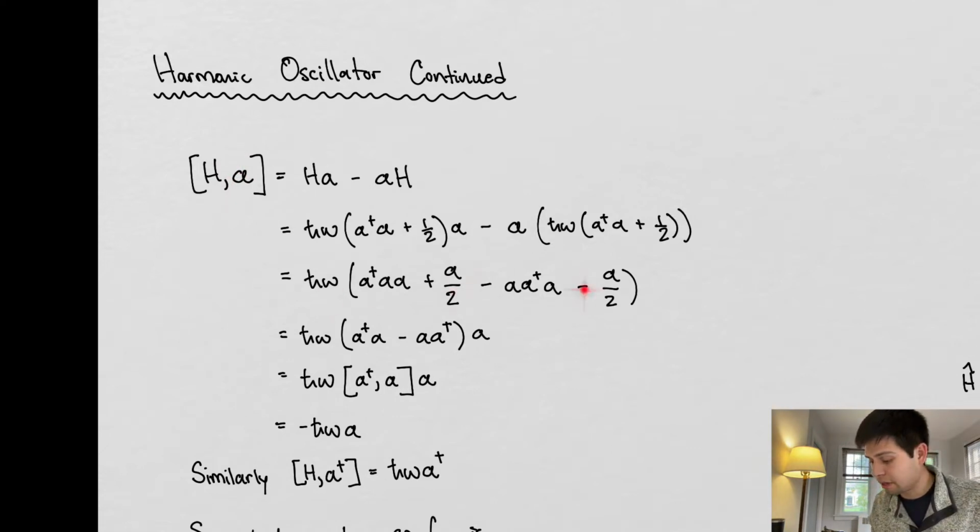When we get down to this point, we're bringing these variables inward. We have this one right here, and this one coming out in front. Then we're distributing this negative sign, and when we distribute it, we see that these two will cancel out.